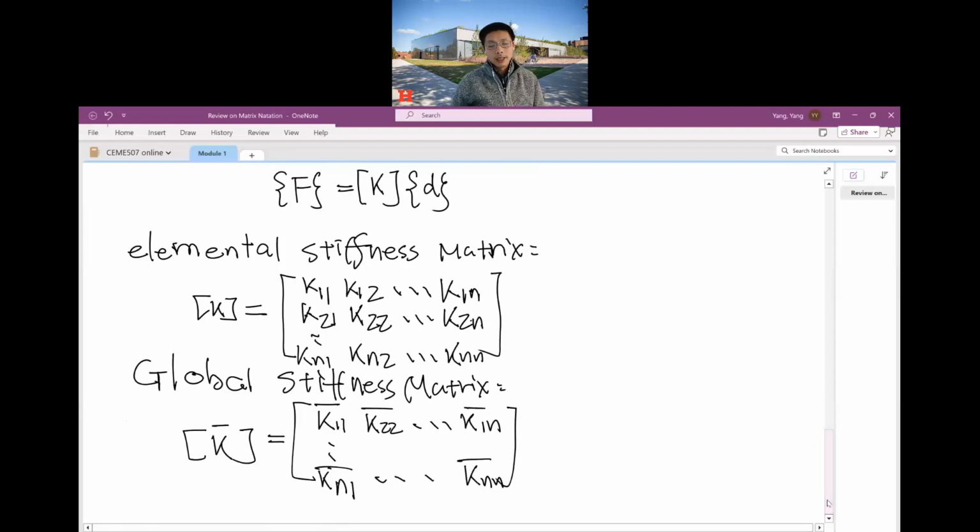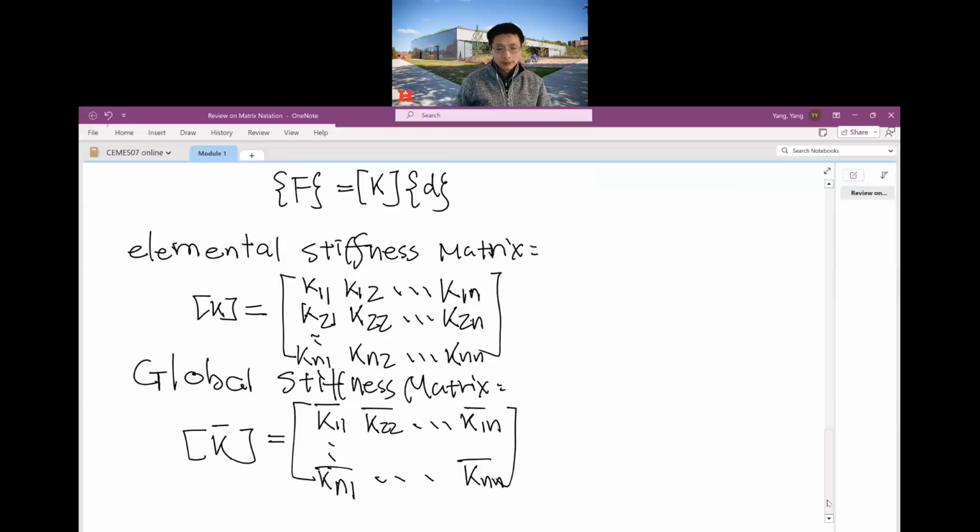So actually, in most cases, using the finite element method to solve any problem is to derive the global stiffness matrix based on the elemental stiffness matrix. So actually, through this entire semester, we will spend quite a lot of time discussing how we can start from the elemental stiffness matrix to the global stiffness matrix.